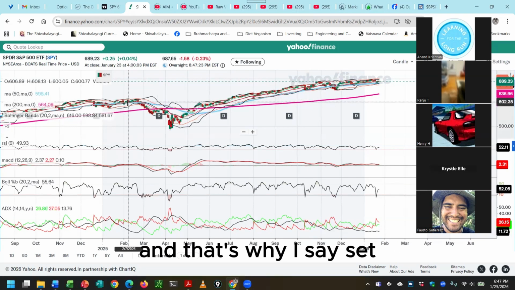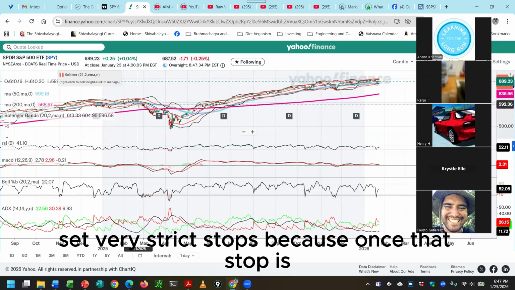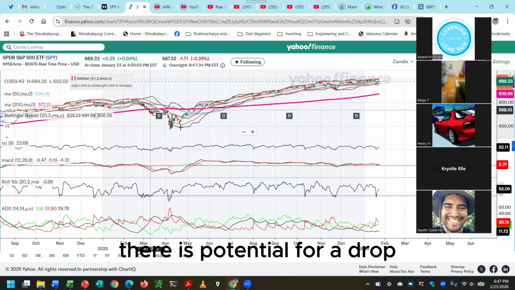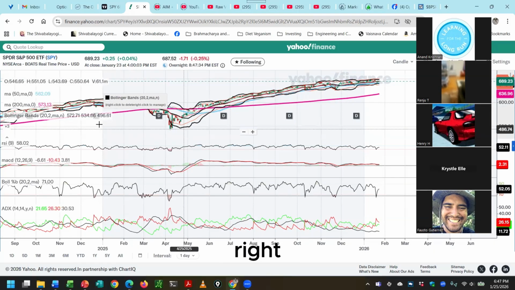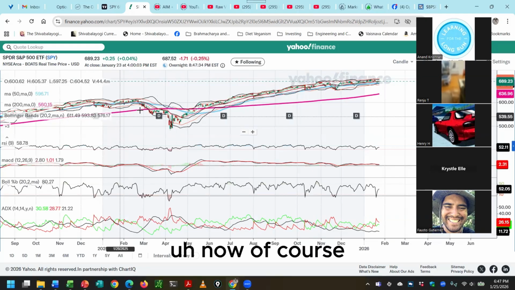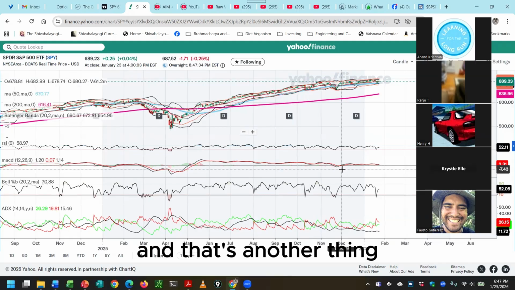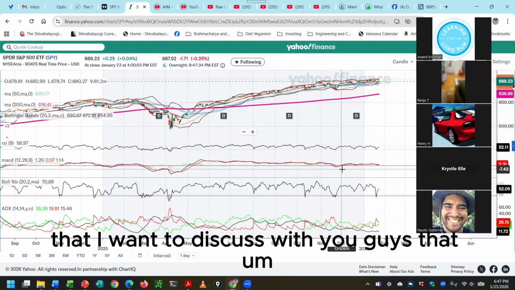And that's why I say set very strict stops, because once that stop is gone, there is potential for a drop. Of course, it could just blip over there and come back up, and that's another thing that I want to discuss with you guys.